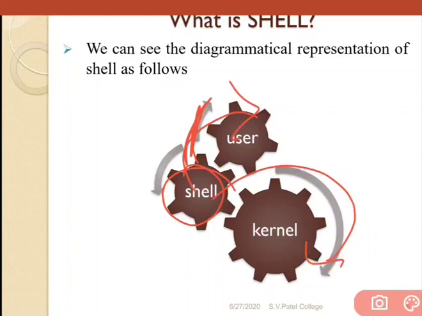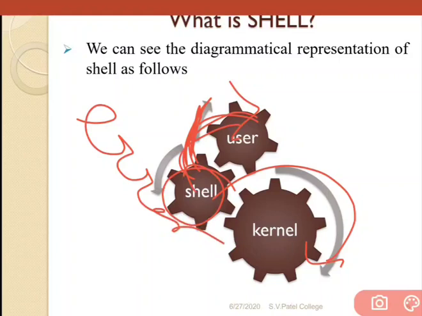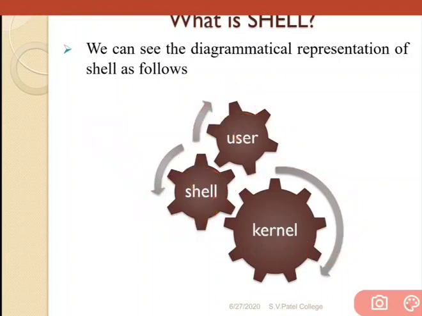If the syntax is wrong, then the shell will display an error to the user, and the user must type the command again with the correct syntax. If the syntax is right, then the shell converts that command into machine code.